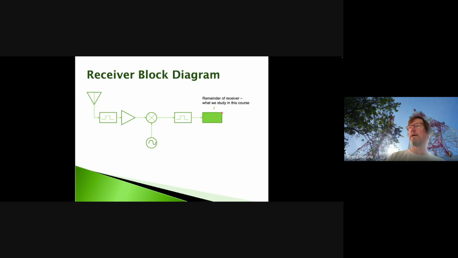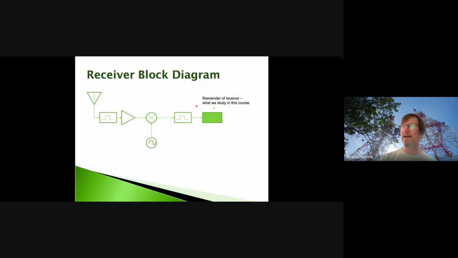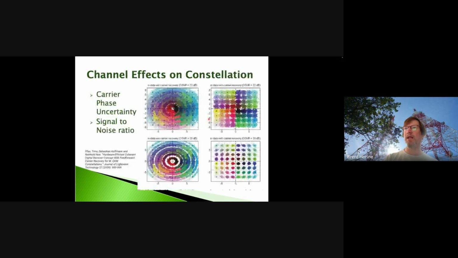And then the remainder of the receiver here in this block, this is what we study in this course, right? So, all right, now that is mostly context, and what we're mostly interested in is what's happening inside here. We've touched on a few of these other things, but most of what we'll study is in this last block here, right?